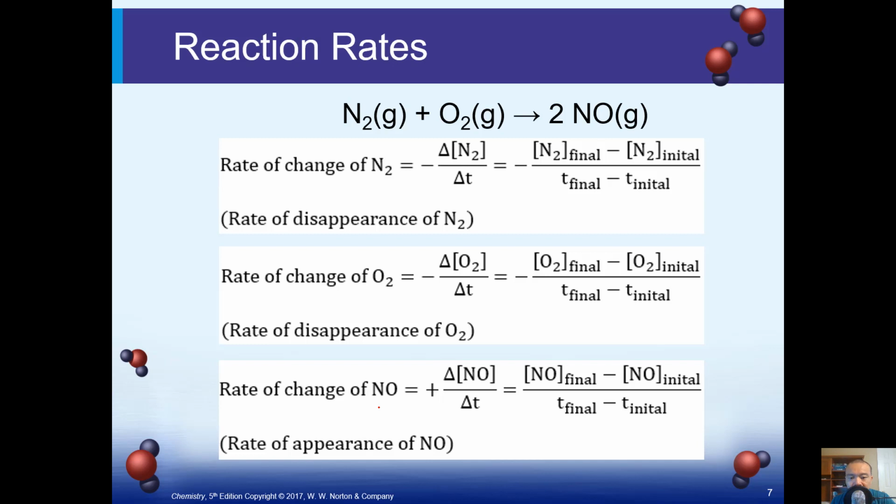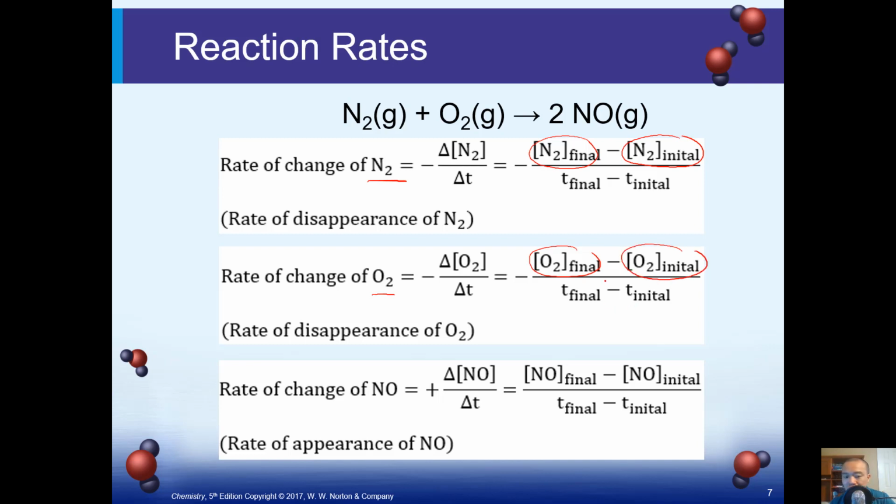Alternative expressions for the rate of consumption of nitrogen and oxygen are shown in this slide as well. In all cases, the rate is expressed in terms of change in concentration of the reactant as a function of time. But please note, because nitrogen and oxygen are the reactants and are being consumed in the process, the final concentration will be smaller than the initial concentration.